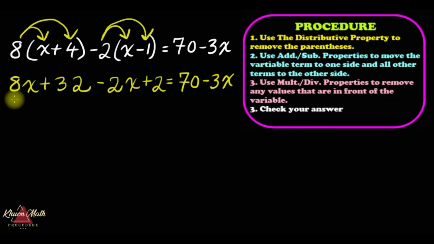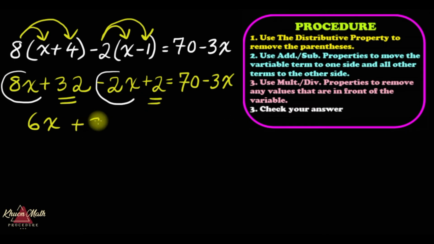And then here we have to combine like terms. Looks like we have to collect the 8x with the negative 2x. And then here we have 32 with positive 2. So that's going to give us 34. And then we'll bring down the 70 minus 3x. Okay, so that's step 1. We went on and used the distributive property to get rid of the parentheses.